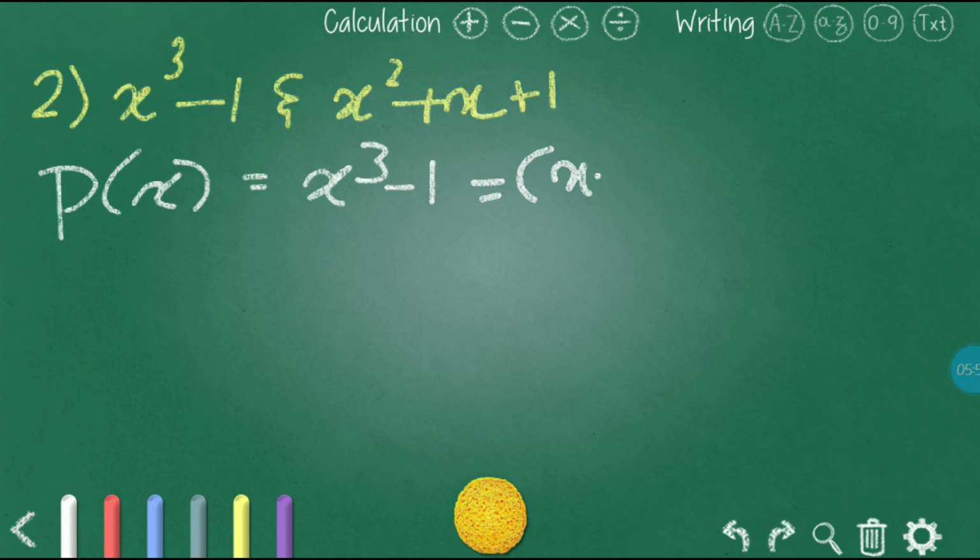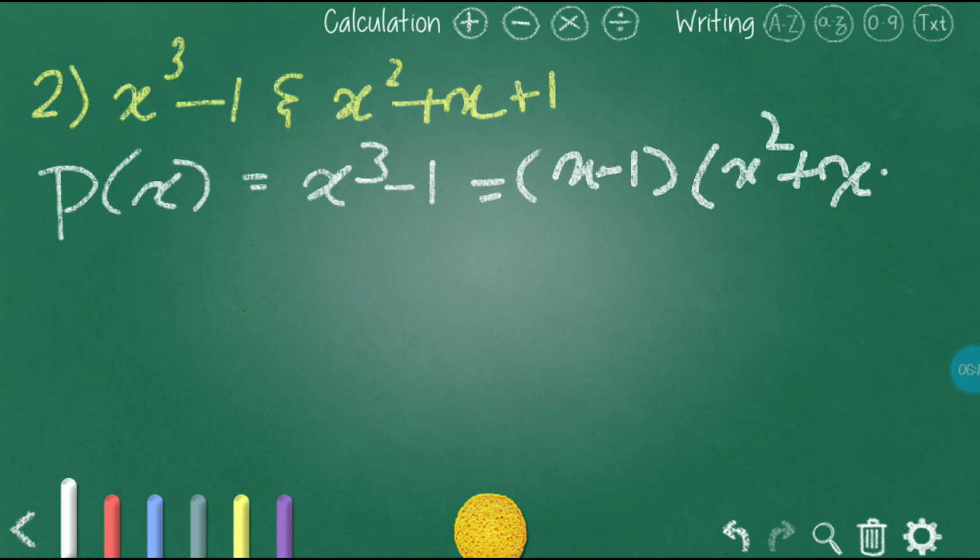The formula is a minus b into a square plus ab plus b square, right? So it will be x minus 1 into x square plus x plus 1. So this is the simplest form I have written.